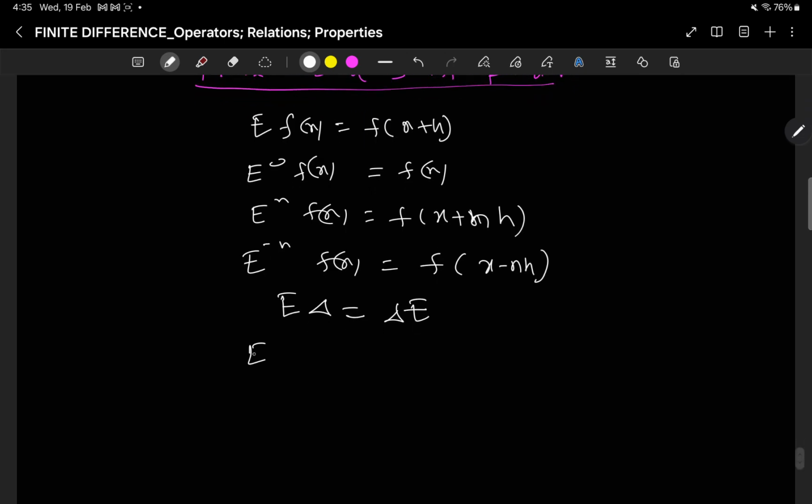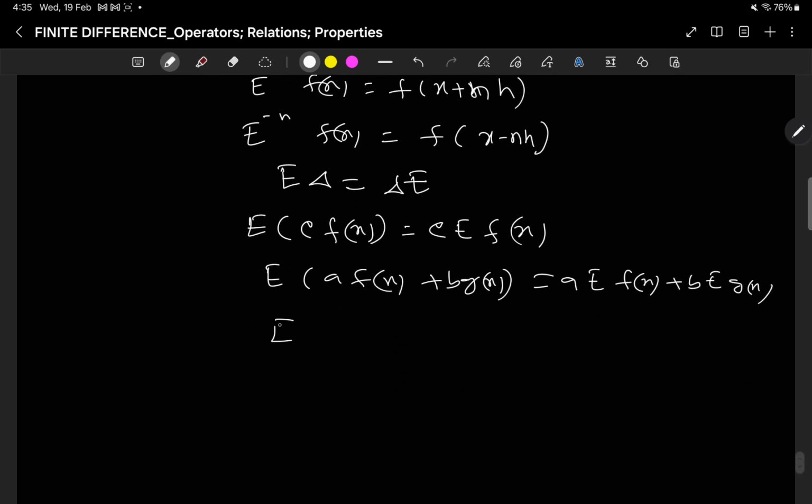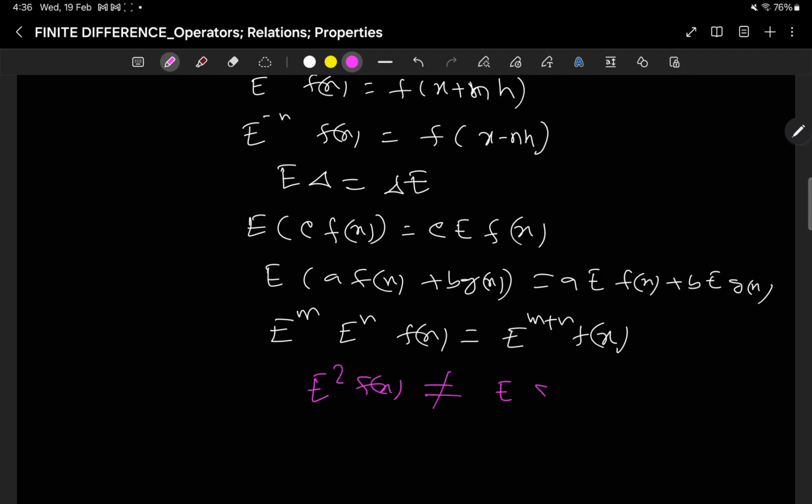And here E of c f of x is c times E f of x, the constant taken out. If E of a f of x plus b g of x, it means distributive, it is a E f of x plus b E g of x, and E to the power m, E to the power n f of x means E to the power m plus n f of x. Indices property will be satisfied. Note that E square f of x is not E f of x whole square.